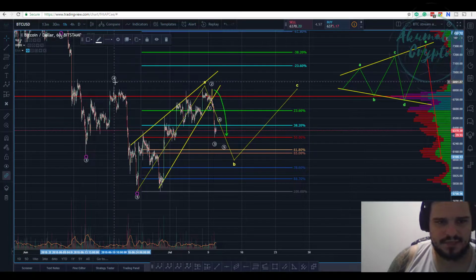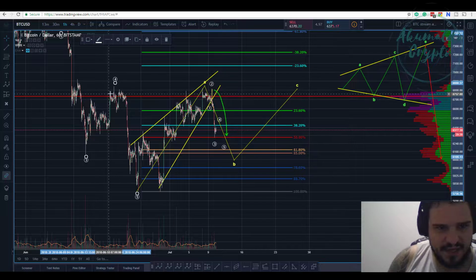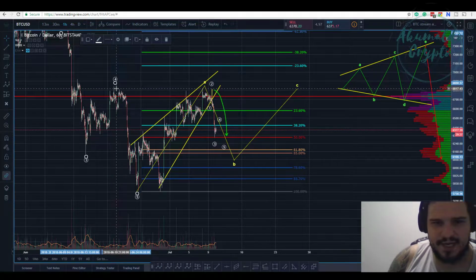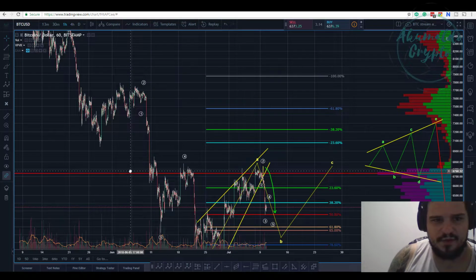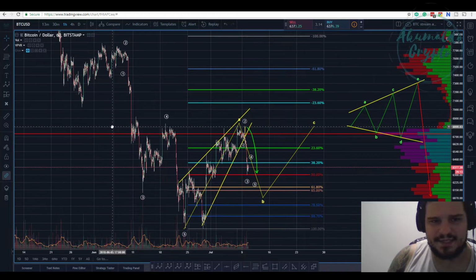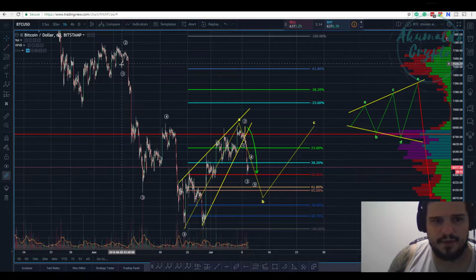It looks pretty well like a 4, and this is the region that we have tried to break and failed, as it's acting as a really strong resistance. This is our 3 and our 5. We finished this motive wave down, and now we are correcting this wave down.